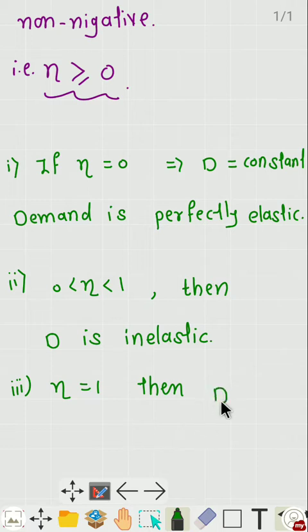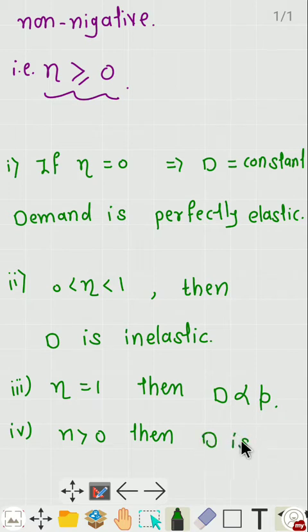Then demand D is directly proportional to price P. And the fourth observation is, if eta is strictly greater than 1, then demand is said to be elastic. D is elastic. Okay, so these are the 4 points to be noted here.